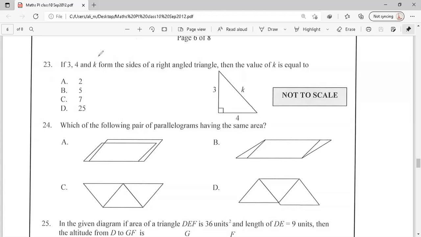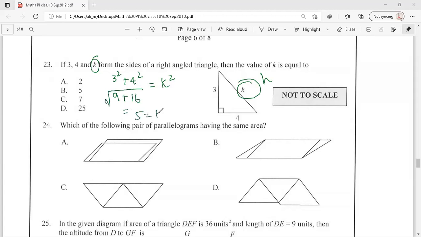So for finding the value of k, 3 square plus 4 square should be equal to k square. From the diagram, we can see that k is the hypotenuse. It means it should be greater than 3 and 4. 3 square is 9, 4 square is 16, and the square root of this will be equal to 5. That is the value of k. Option B is the right answer.